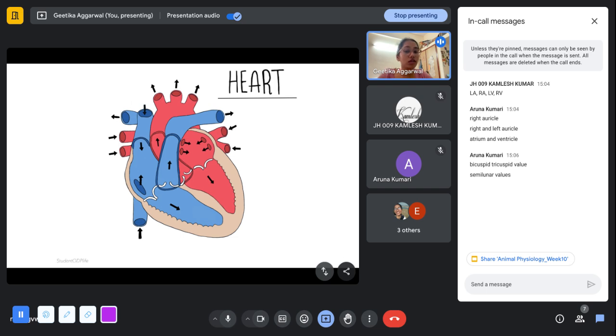Do the semilunar valves separate the atrium from the ventricle, or are they the ones present at the opening of the pulmonary vein and the aorta?